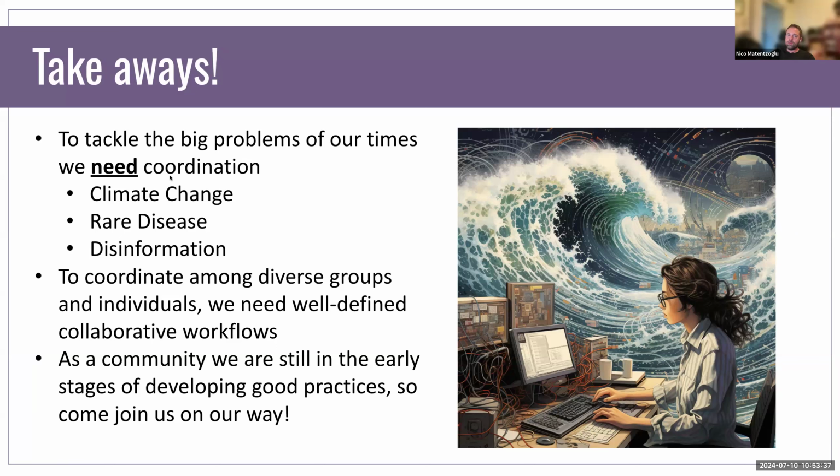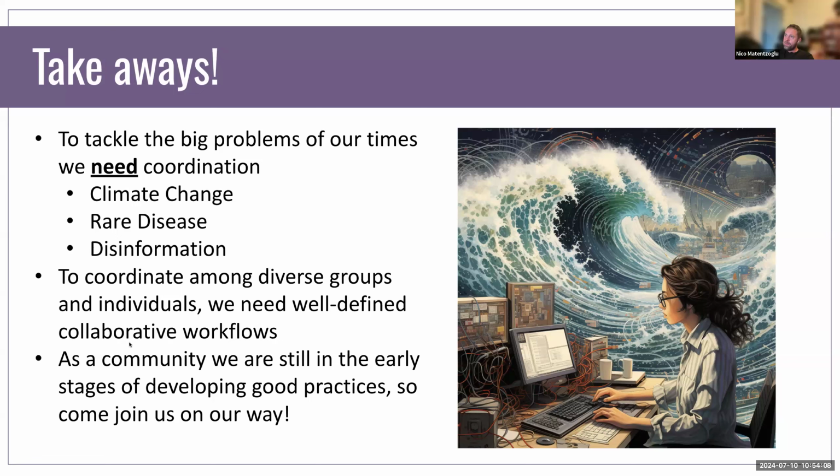We cannot resort to simple technical solutions like forking or reinventing the wheel. We need to learn to talk to each other. And in order to do that effectively with diverse individuals with many different backgrounds, psychological and cultural backgrounds, we need well-defined, good collaborative workflows with good principles and practices.